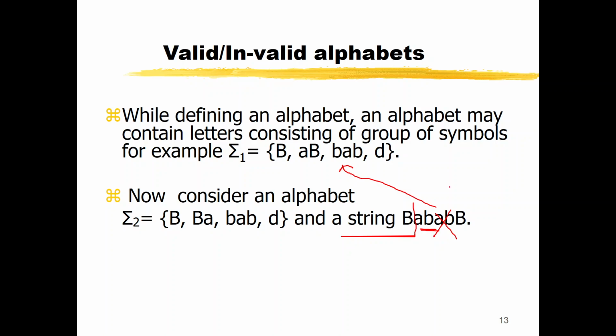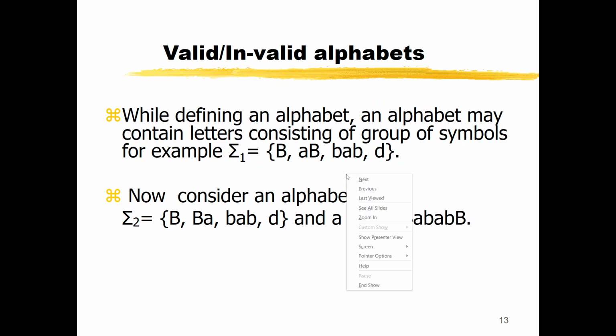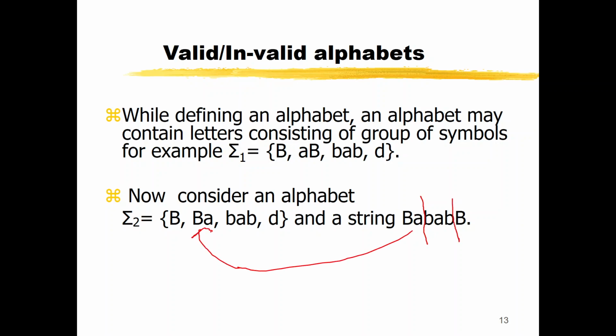However, if we look at this alphabet 2, you can see there will be an ambiguity. For example, if we break it down like this and this, this is recognized here, this is recognized here, and this is recognized here. So this string can be recognized in one instance.